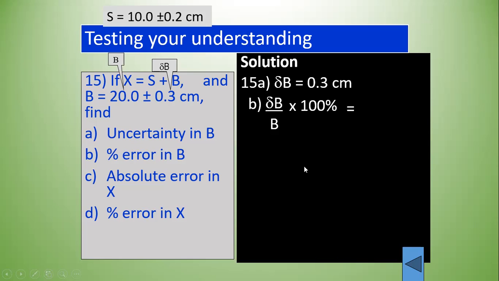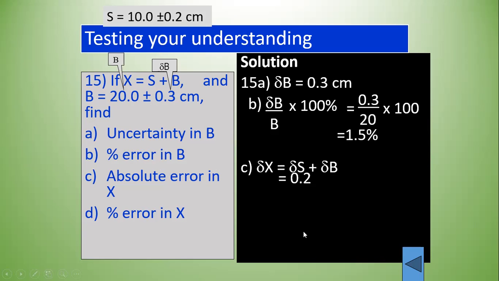Delta B is 0.3, 0.3 divided by 20 times 100. So it's 1.5%. X is a summation of S plus B, so we just add the errors, 2 plus 3, we get 0.5. Okay. Percentage uncertainty in X.